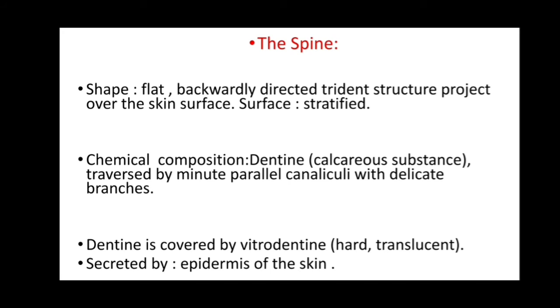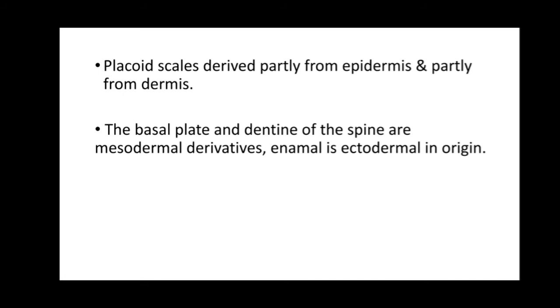Now, the chemical composition of the spine: dentine is a calcareous substance traversed by minute parallel canaliculi with delicate branches. This dentine is covered by vitrodentine, which is hard and translucent, and it is secreted by the epidermis of the skin.